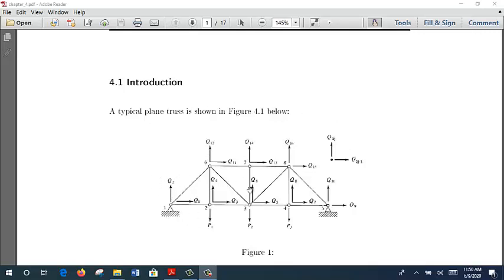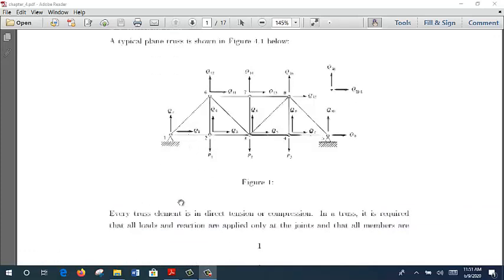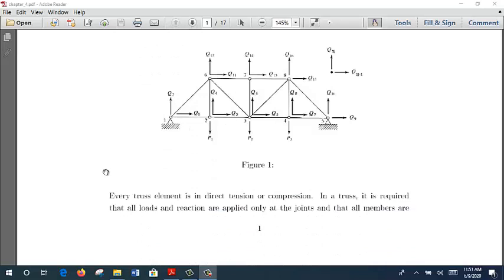I think this is quite similar to the previous lesson, the two-dimensional finite element. From here we also have axial force acting on the end of the bar.